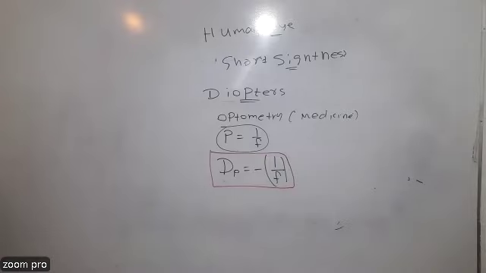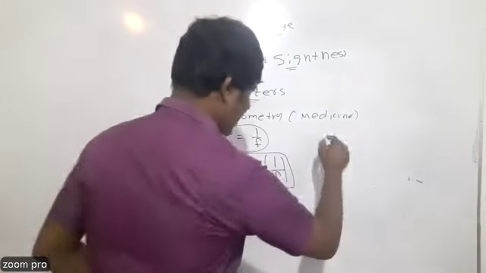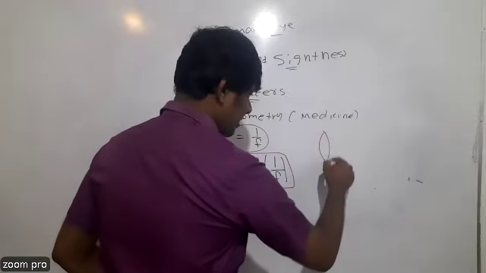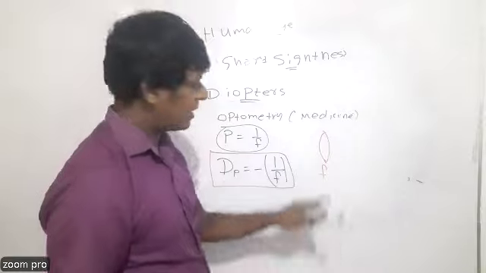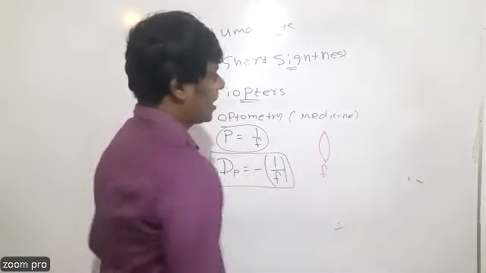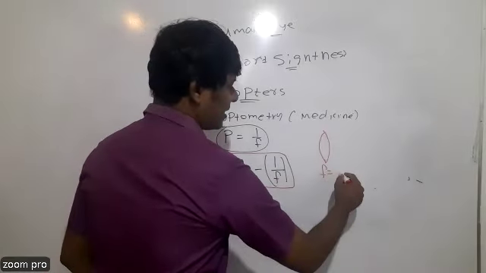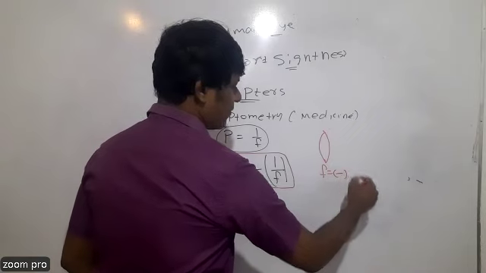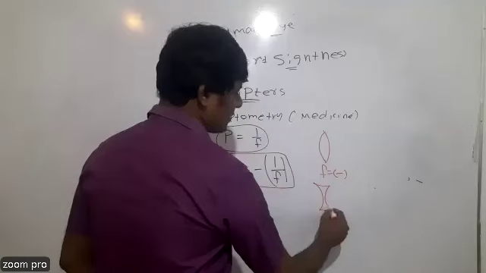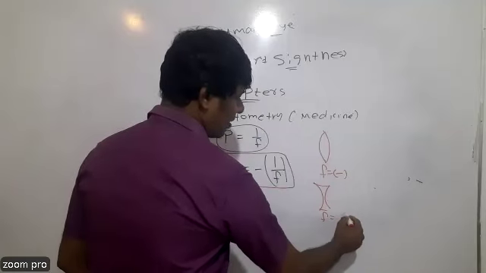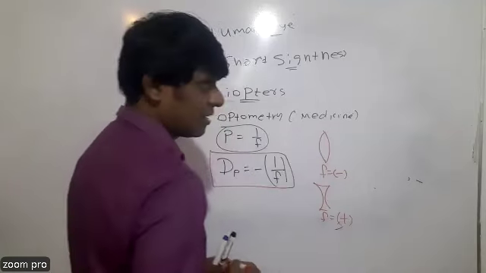The reason is, regularly, we consider a convex lens as having a positive focal length, and a concave lens as having a negative focal length.